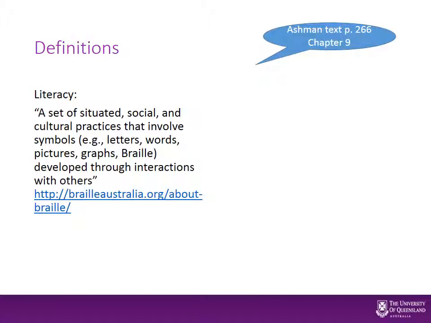So literacy can be considered a set of practices that involve symbols, and if you're interested in finding out about Braille, you can click on that hyperlink there where you can find out. It's fascinating actually, and I don't read Braille, but it is really interesting to see how it's constructed.